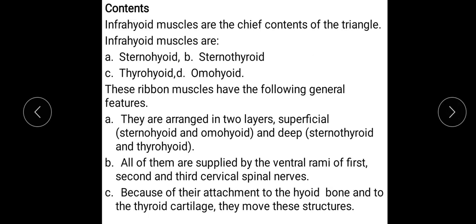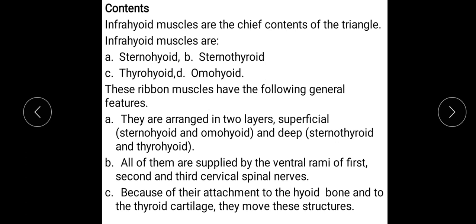Then the contents of the muscular triangle. The chief contents are the infrahyoid muscles. These are the ribbon-like muscles: sternohyoid, sternothyroid, thyrohyoid, and omohyoid. They are arranged in two layers.